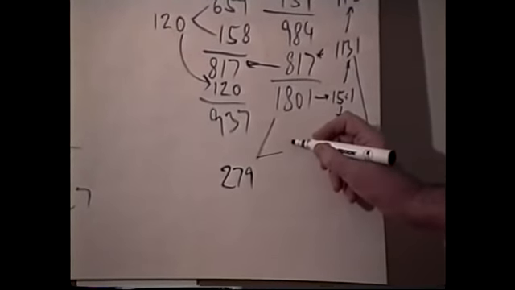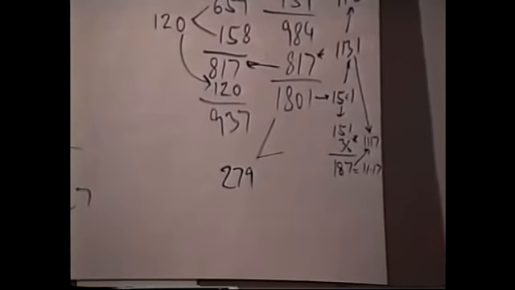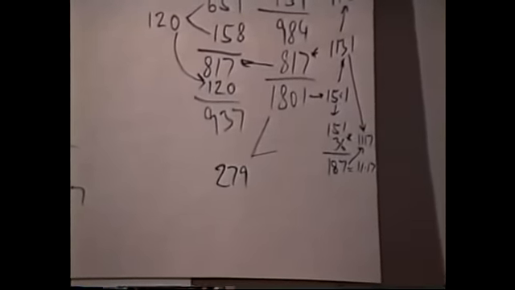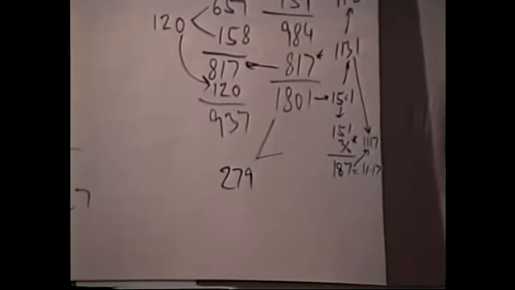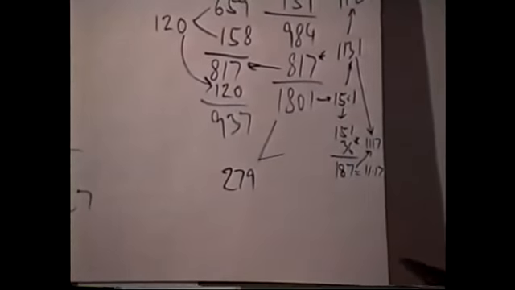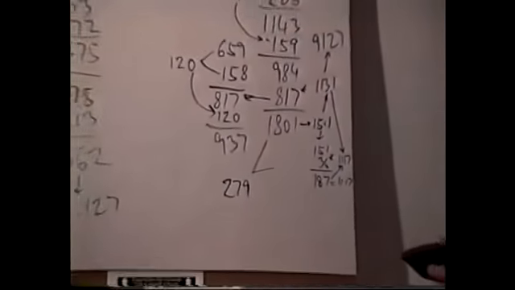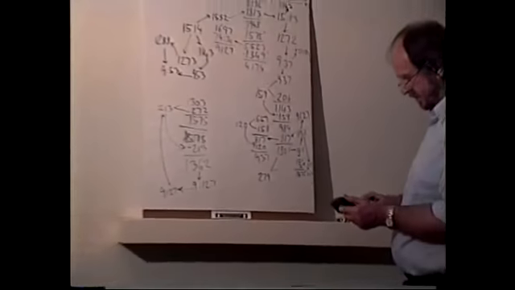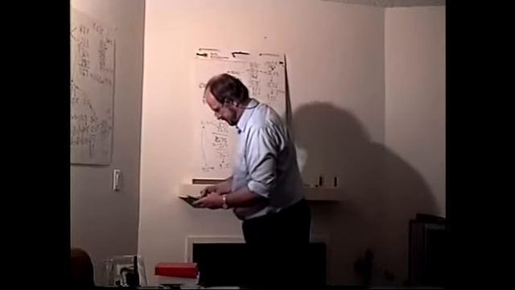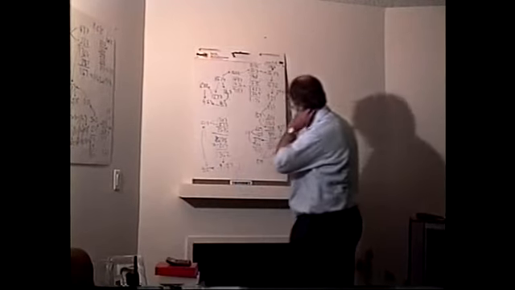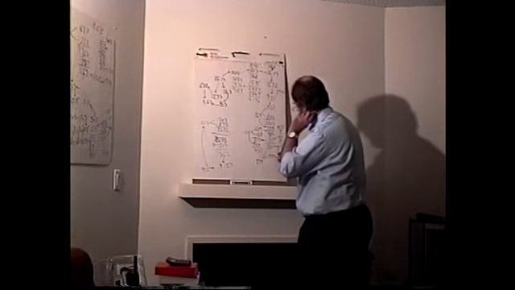The 279th composite number is, I can't remember now. Can you remember all these numbers? It's 350.